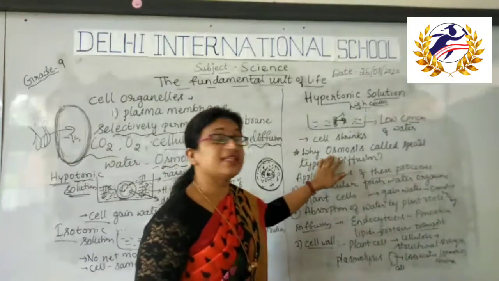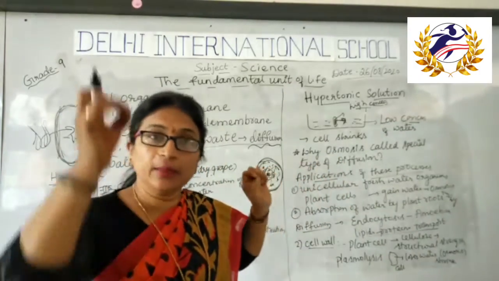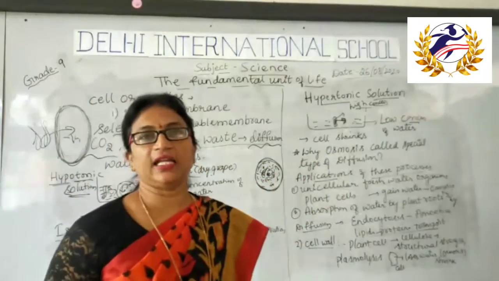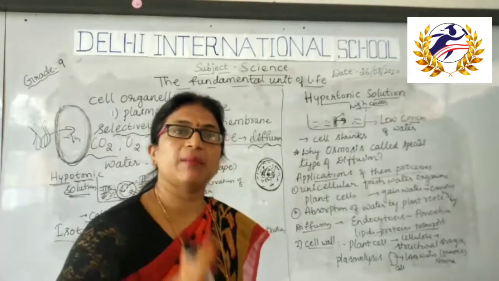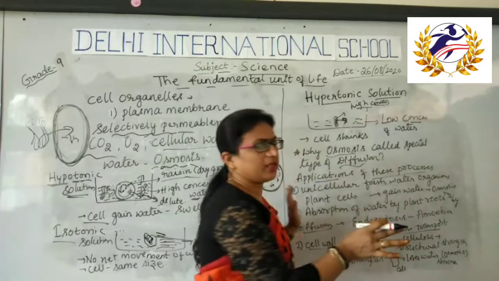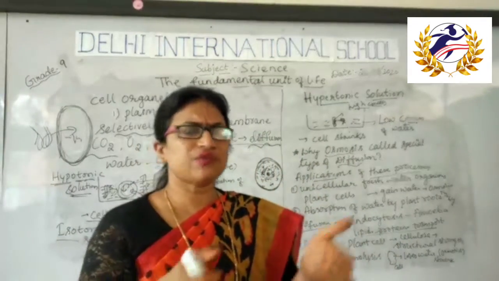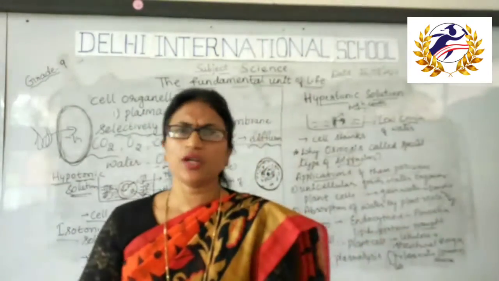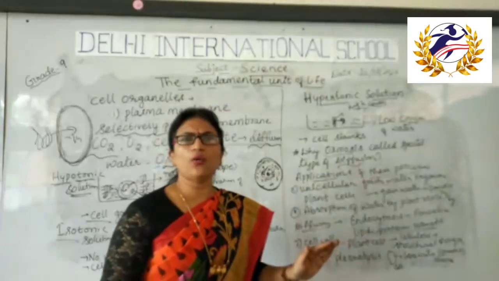But osmosis will take place in the presence of a plasma membrane only, in the presence of a selectively permeable membrane only, isn't it? So both are the same in that there will be exchange of molecules from the region of higher concentration to the region of lower concentration. There is no doubt about it.